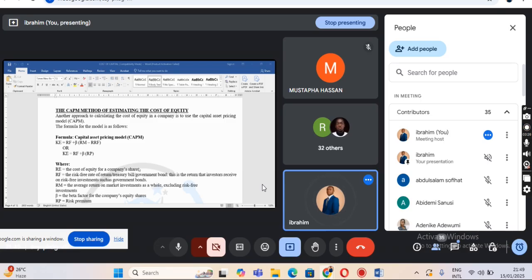Let's quickly look at a practical illustration. I invested before the CBN capitalization. I bought Fidelity Bank shares, I think at the rate of 10 naira per share then, or I can't even remember, right?